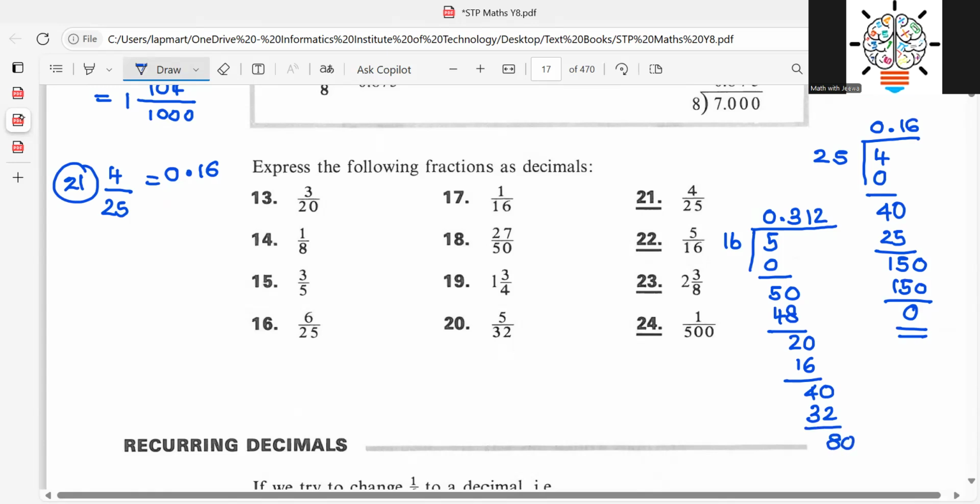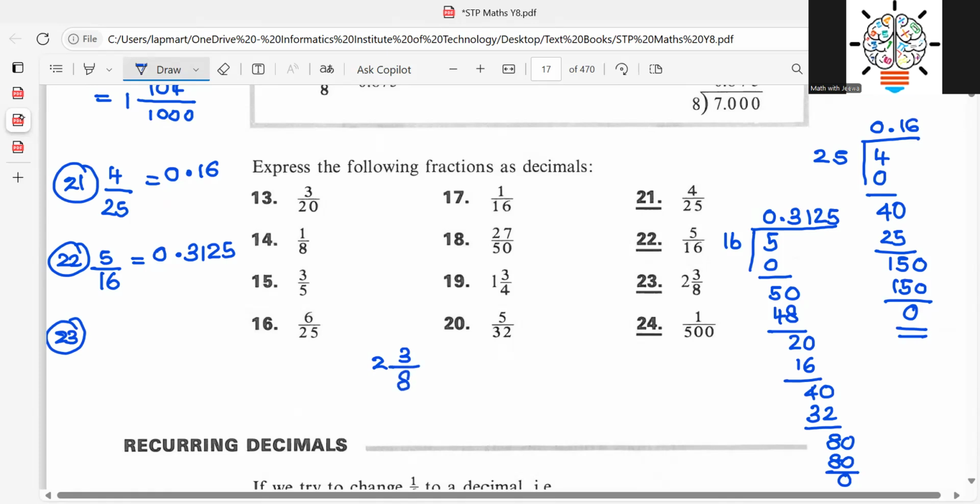So then 16 multiplied by 5 is 80. So then we are done, we get 0 here. So then how do you write question number 22? Then 5 over 16 is equal to 0.3125. Right?